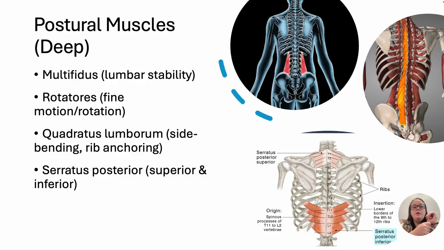We're going to learn about the QL. I'm going to teach you guys how to palpate the QL. That is called the quadratus lumborum, QL for short. This muscle's primary function is side bending. It also anchors the ribs when breathing, but this little sucker, sometimes when it's tight, can pull your hip into an elevation.